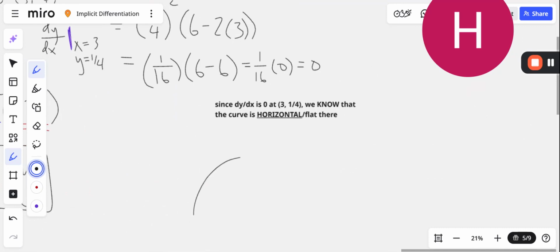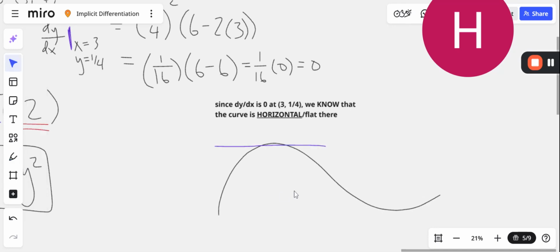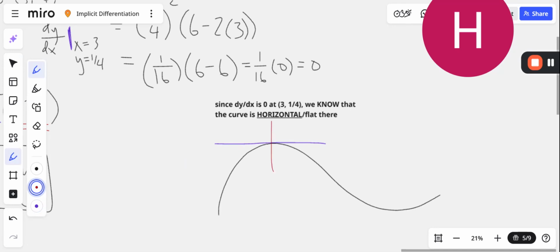So we don't really know what the curve looks like, but let's just say it's like, I don't know, like that. Maybe that's kind of bad. Something like that. Simple. If this is a flat point, then the normal line, which is perpendicular, must be a vertical line.